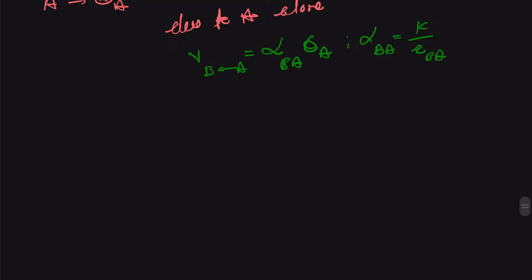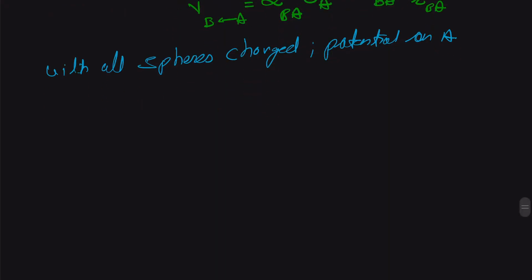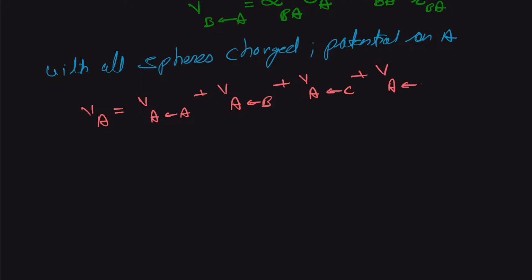Therefore, with all spheres charged, for the potential on A we can write the equation: potential on A, that is VA, will be the potential on A because of its own charge, plus potential on A because of the charge on sphere B, plus potential on A because of the charge on C, plus potential on A because of the charge on D.